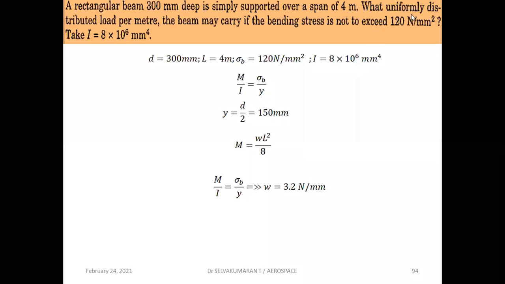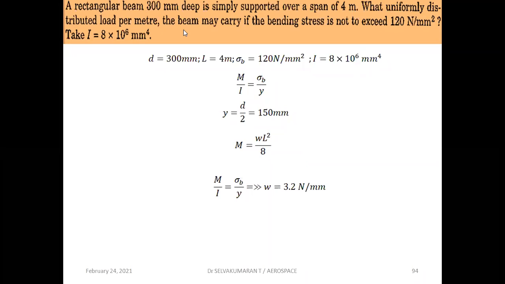In the problem it is asked to find the UDL per meter. I can write this as 3.2 kilonewton per meter. If you convert kilonewton to Newton, multiply with 1000, and meter to millimeter, multiply with 1000, it will get cancelled. So you can write 3.2 kilonewton per meter or 3.2 Newton per millimeter.